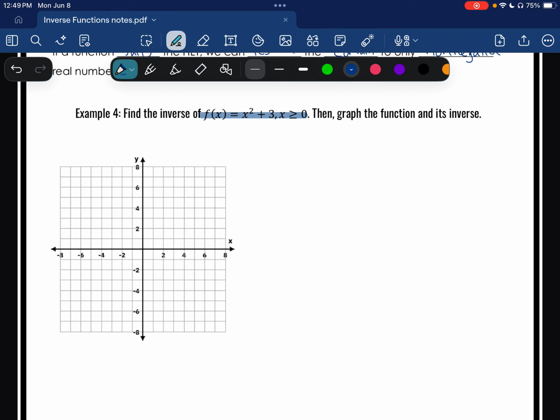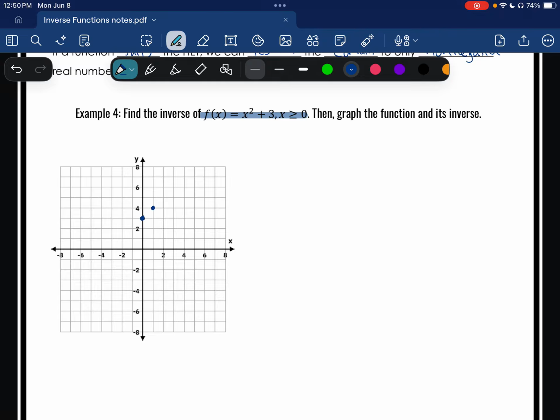Right, so we take 3 away from both sides, x minus 3 equals y squared. Then we take the square root of both sides, but because we restricted the domain of the original, we only have a positive root here.